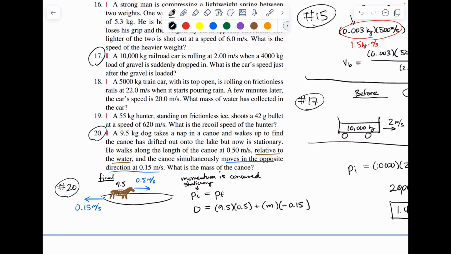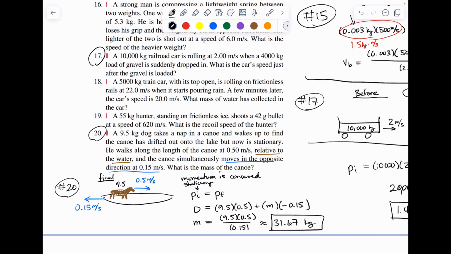And if you solve this, very quick calculation, this should be 9.5 times 0.5 divided by 0.15. And let's get this final answer here. 9.5 times 0.5 divided by 0.15. I'm getting an answer of 31.67 roughly kilograms.